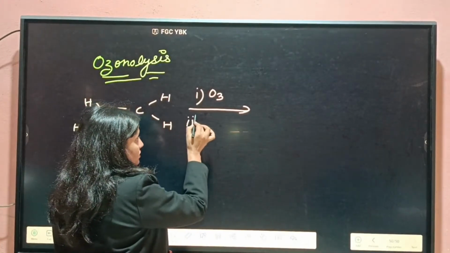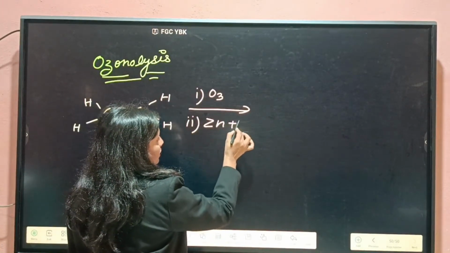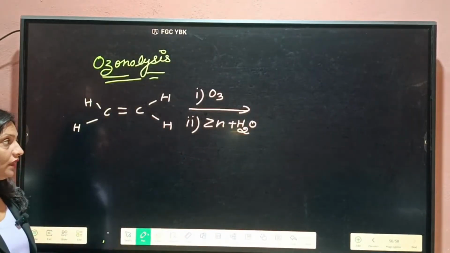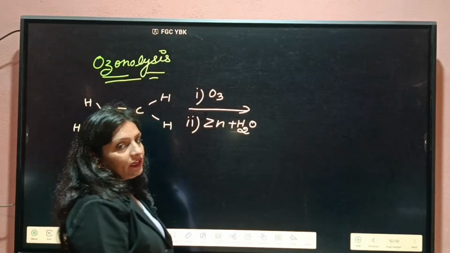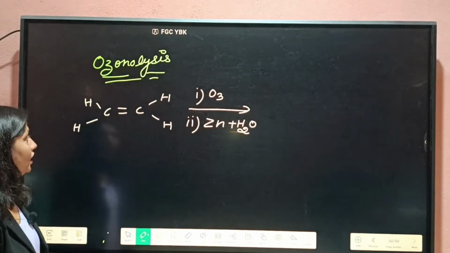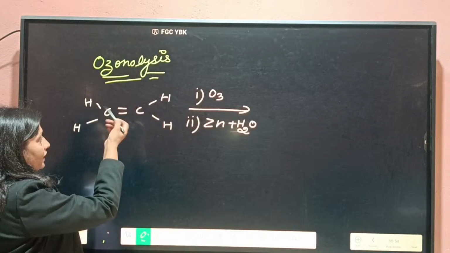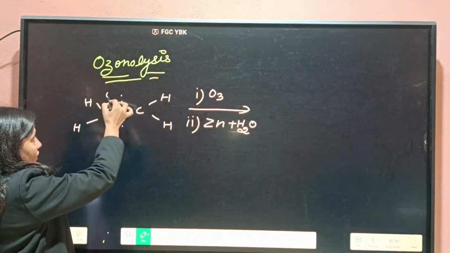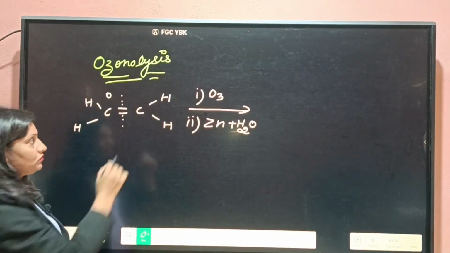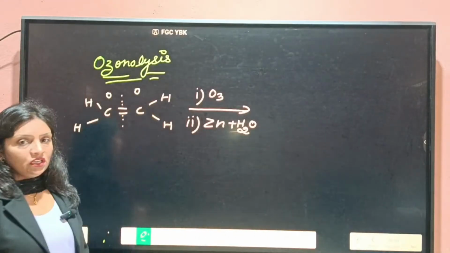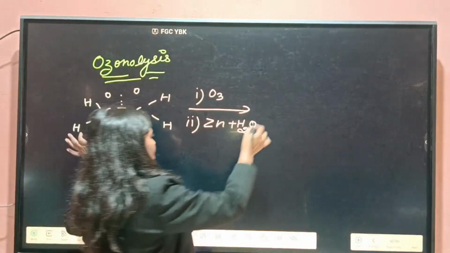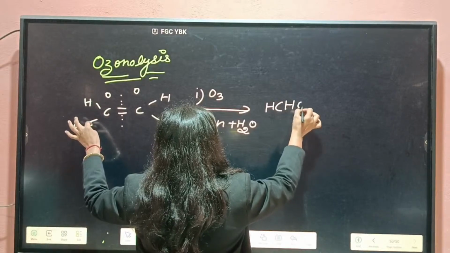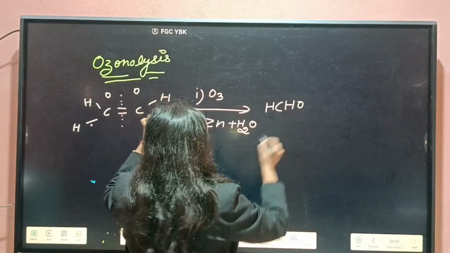And in second step, you have zinc. Then students, you get aldehyde. Simple reaction you can write. You will break this bond. You can give one oxygen to this one and one oxygen to this one. HCHO. Here also HCHO.